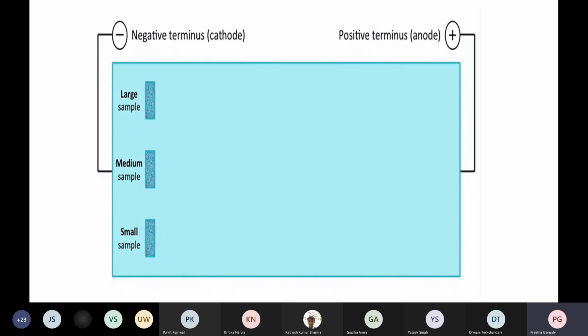In these wells we load the samples of our DNA fragments and then we apply the current. Because we know that the DNA are negatively charged, they move to the positive anode. After some time we stop the current and we take the fragments under UV and record their image. So this is the basic principle.